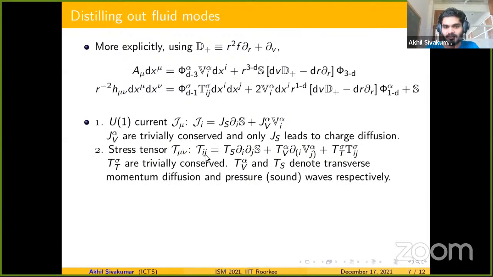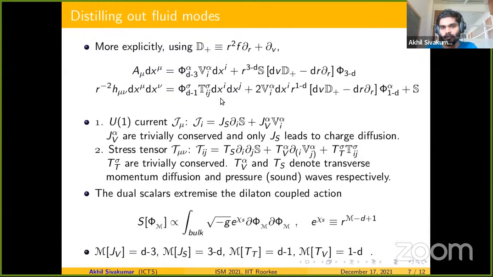Similarly, for the stress tensor, you can decompose the stress in the SO(d-2) fashion, and then the tensor part is trivially conserved and doesn't lead to any long-distance dynamics. It's a short-distance mode. T_V and T_S denote transverse momentum diffusion and pressure waves respectively.